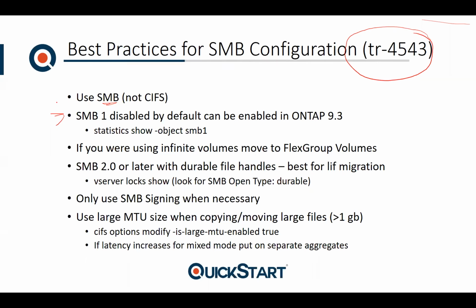If you are using an earlier version of ONTAP and maybe you're going to 9.3, or you just want to see how many of your users are really using SMB1, there's a nice statistics show command that you can use to filter out how many operations are using that particular version of SMB, and then make your decision.